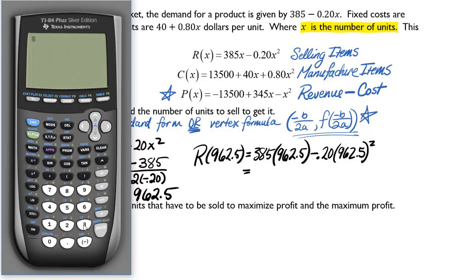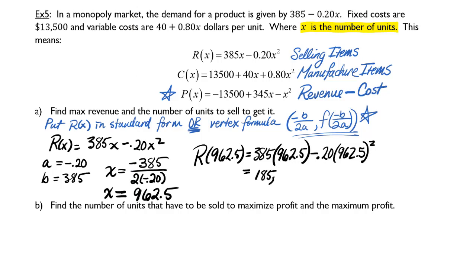I'm going to have 385 times 962.5 minus 0.2 times 962.5 raised to the second power. So this gives me 185,281.25.